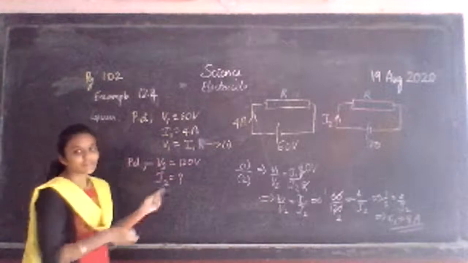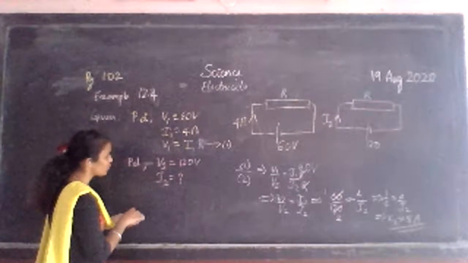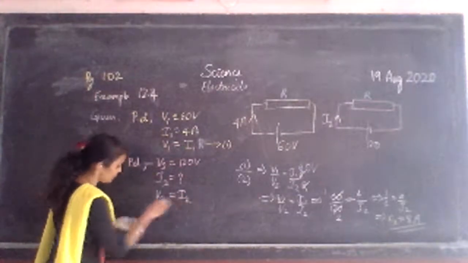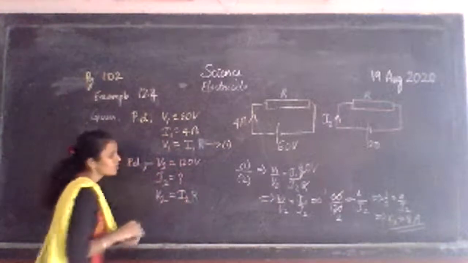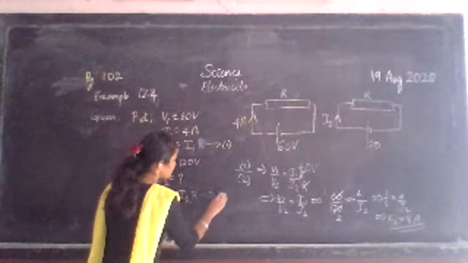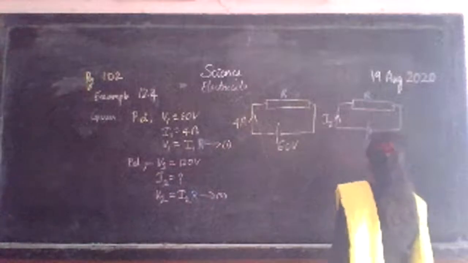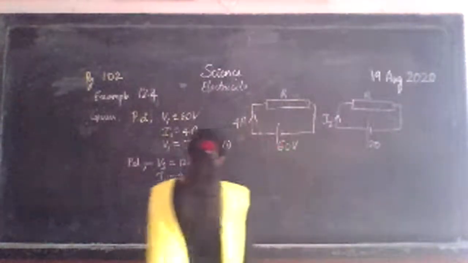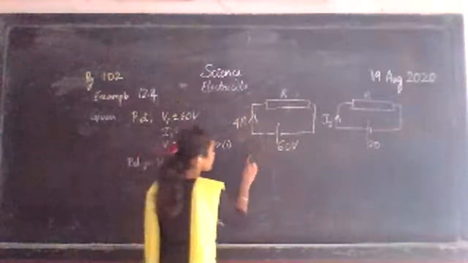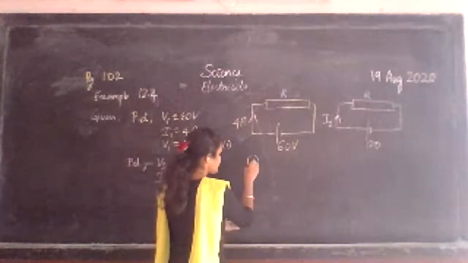The potential difference was double, that is 120 volt. But R is the same. Therefore, according to Ohm's law, V2 is equal to I2 into R. Understood? Let this be equation number 2. So now I will divide equation 1 by equation 2.